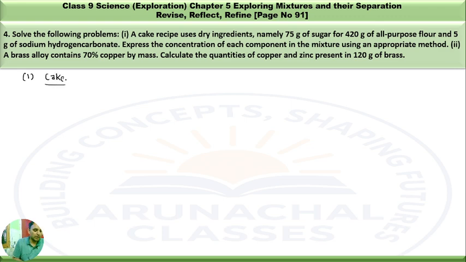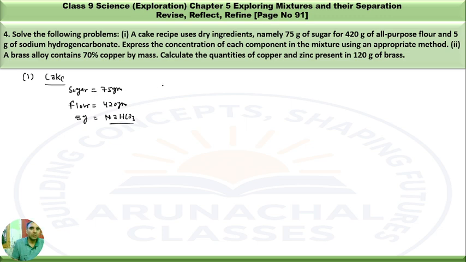The question is given that a cake recipe uses dry ingredients, namely 75 grams sugar. The amount of sugar is given as 75 gram, for 420 gram of all purpose flour. So the all purpose flour is given as 420 gram, and 5 gram of sodium hydrogen carbonate, that is your baking soda.